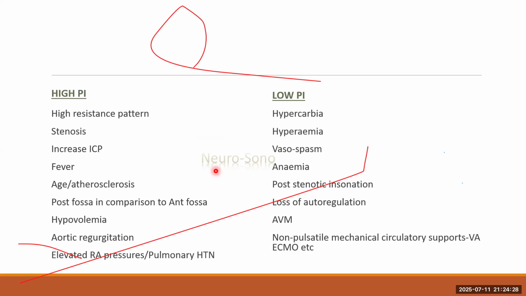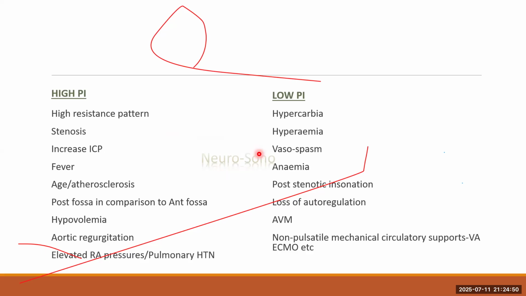Actually, what happens with vasospasm is a focal narrowing, and with that focal narrowing all velocities increase. The pulsatility index formula is peak systolic minus end diastolic divided by mean flow velocity.